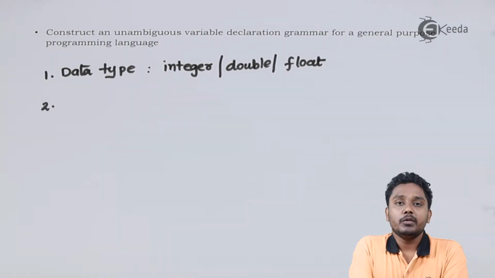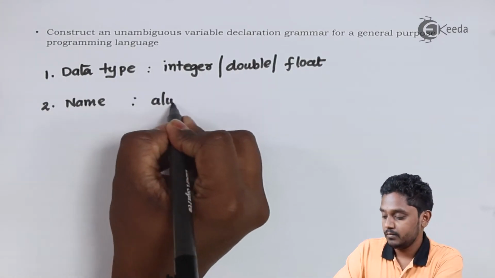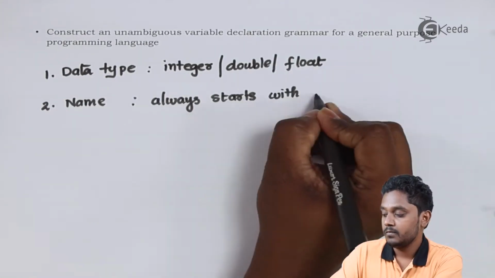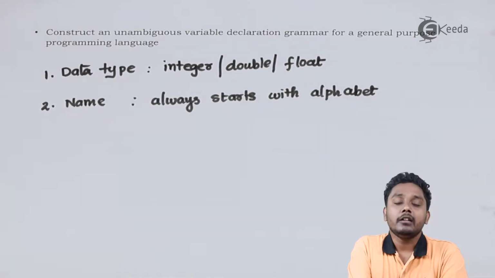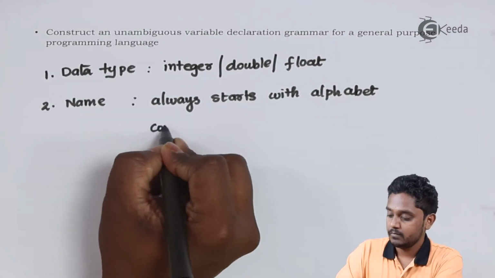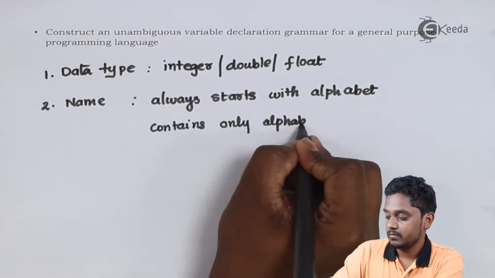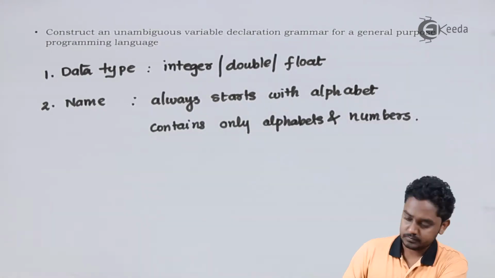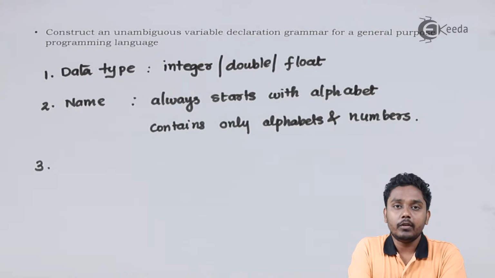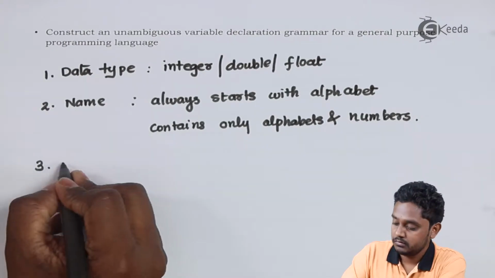Let us say the name of the variable always starts with an alphabet, and it contains only alphabets and numbers, no special symbols. Declaration always terminates with a semicolon.